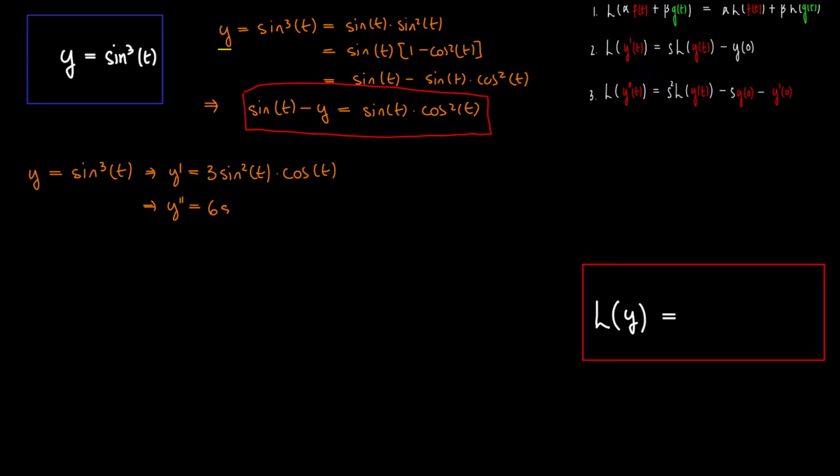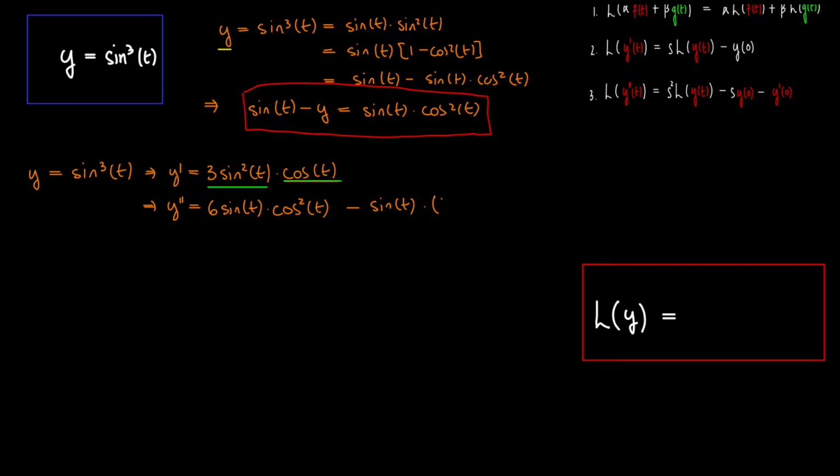All right, so that's what I get when I differentiate this function and multiply it with this one. And now what we're going to do is differentiate this function and multiply it with this one. So what do I get? I get minus sine of t times this function.